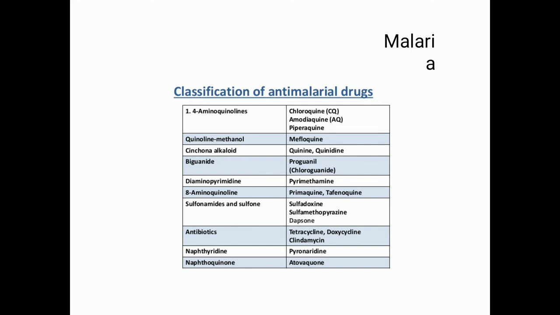Talk to your doctor about long-term prevention. If you live in an area where malaria is common, sleeping under a mosquito net may help prevent being bitten by infected mosquitoes. Covering your skin and using bug spray may also prevent infection. So these are some preventions regarding malaria.